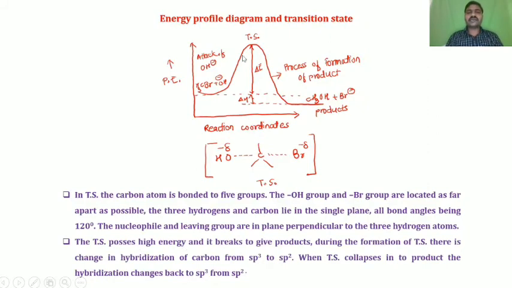You can see here in the energy profile diagram, the transition state has high energy and it breaks into the product. During the formation of the transition state, there is a change in hybridization of the carbon atom from sp3 to sp2, and when the transition state collapses into the product, the hybridization changes back from sp2 to sp3.